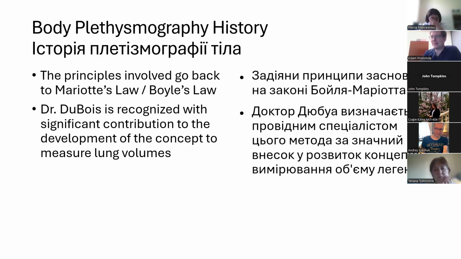And Dr. Kadisi, I think, has some appreciation for French heritage, so he always puts Mariotte's law. And then one of the pioneers is Dr. Dubois, and this, I think, was in the early 1900s. And he's recognized with significant contribution to developing body plethysmography to measure lung volumes.